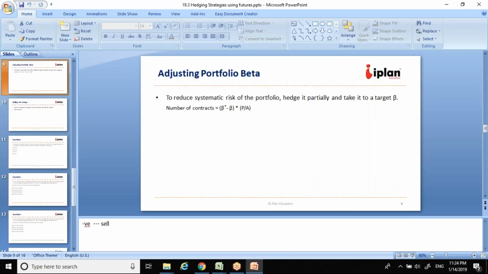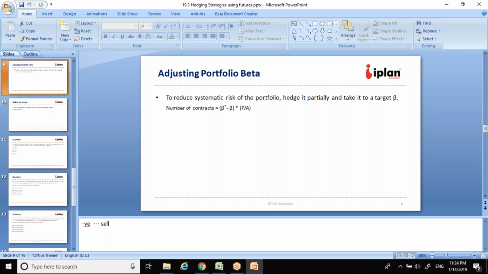We need to have a target beta. Let's suppose we have a beta of 0.8 right now and we need a target beta of 1. Then the target beta minus current beta, multiplied by the portfolio value, divided by the contract size and index value. Okay, so we can get the number of contracts for the hedging.